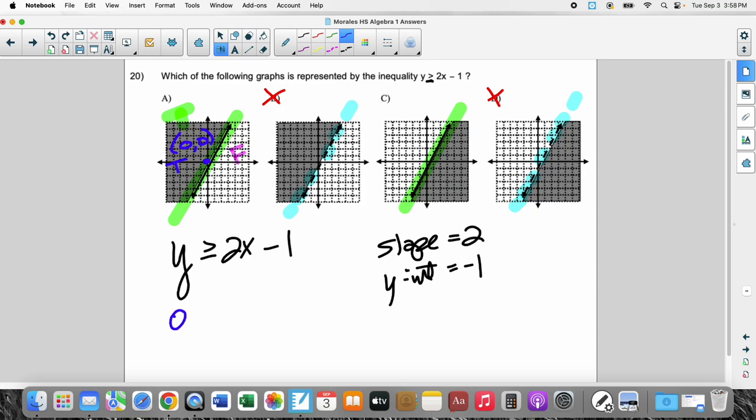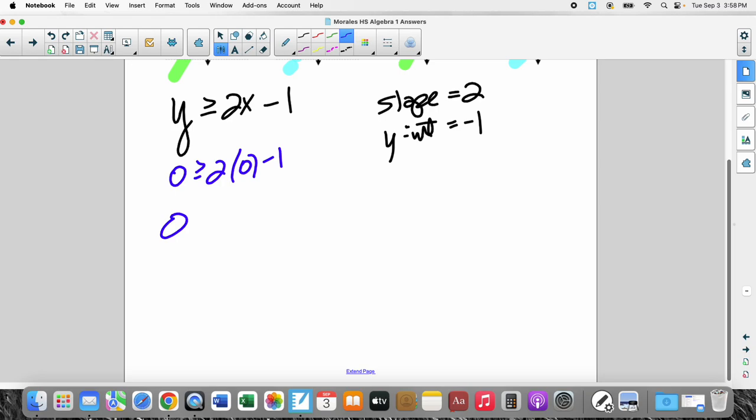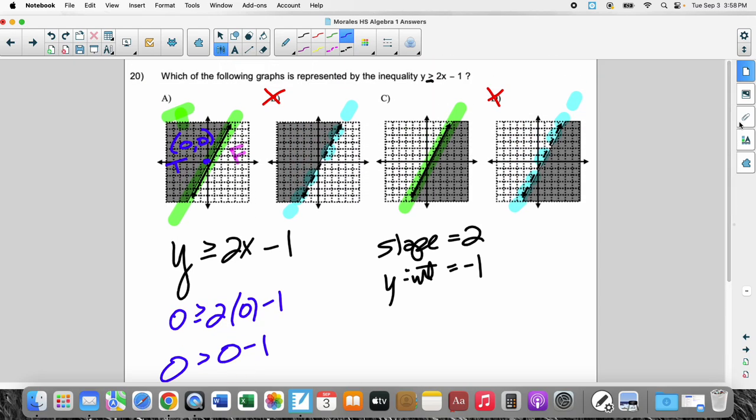So if I plug in 0 for my x and 0 for my y, and I get a true statement, 0 is greater than negative 1, I know that this is the answer. So the answer is going to be A.